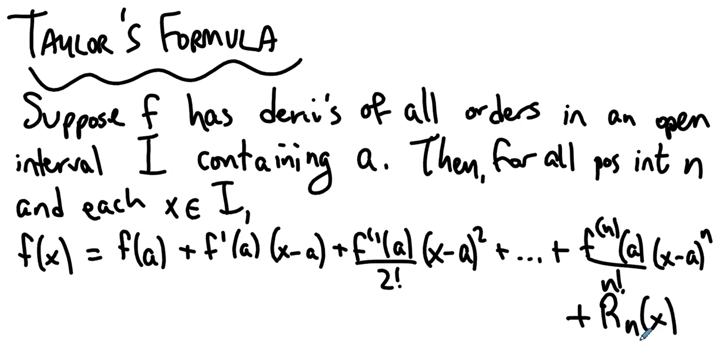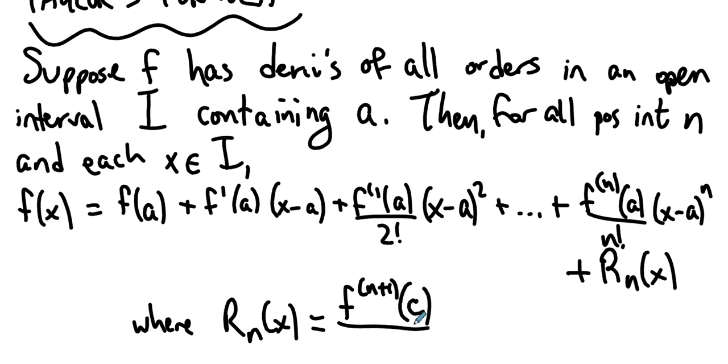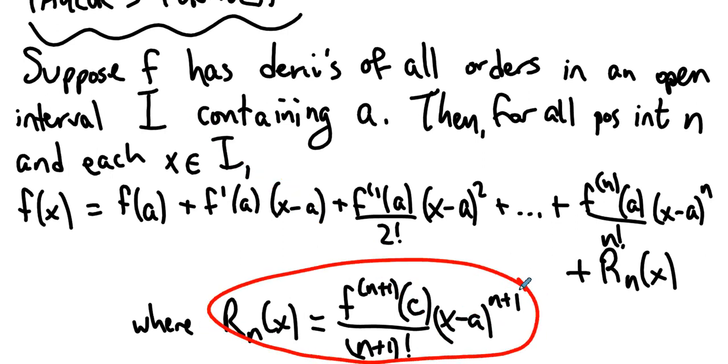f of x is all of this plus a remainder term. And that remainder term is different for every value of n, so we call it R sub n of x, where R sub n of x is the n plus 1th derivative at some point c over n plus 1 factorial times x minus a to the n plus 1. So this is the remainder term.